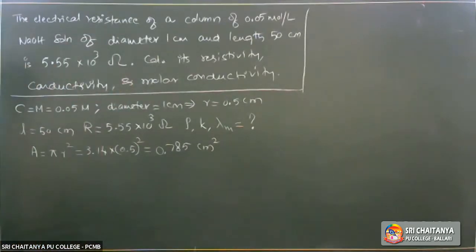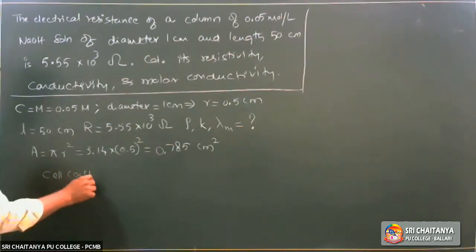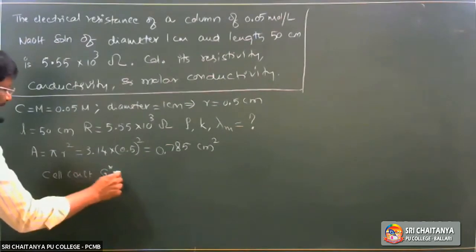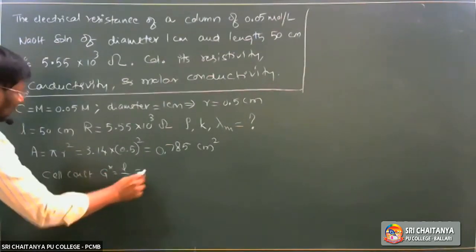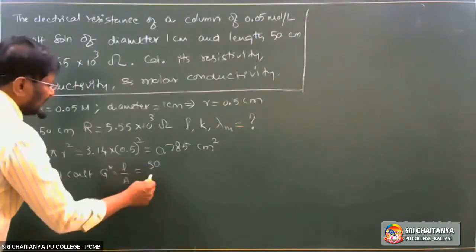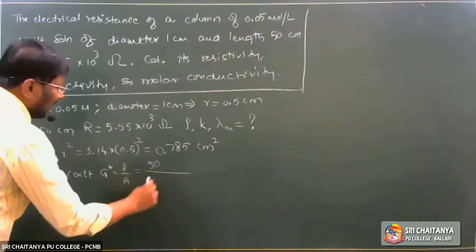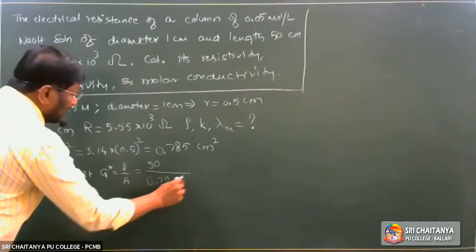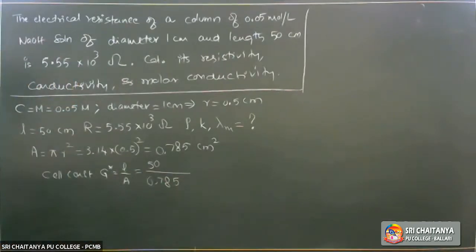Next, the cell constant G star is equal to L by A, where L is 50 divided by 0.785.